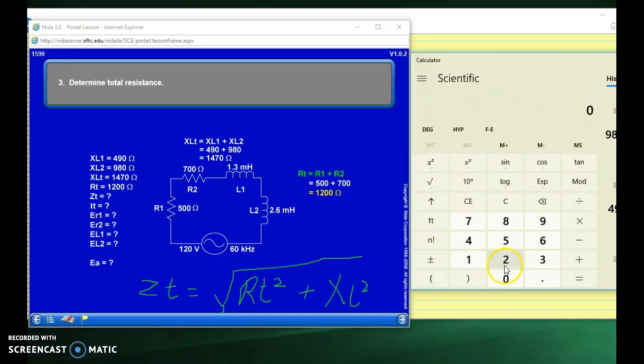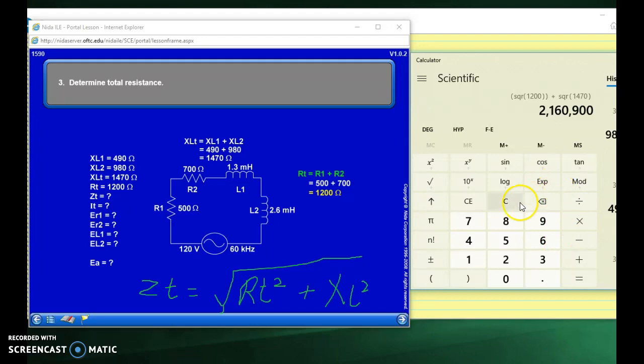So we're going to open parentheses, 1200, close parentheses, squared, plus, and that was my XLT, 1470, close parentheses, squared.